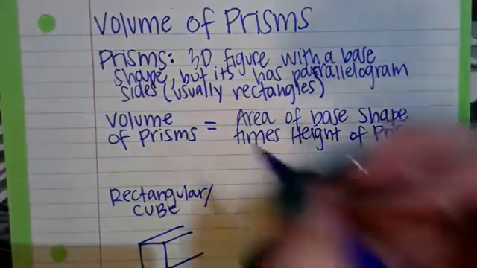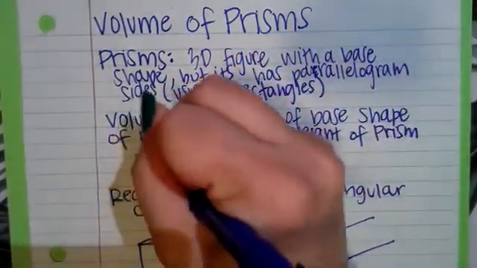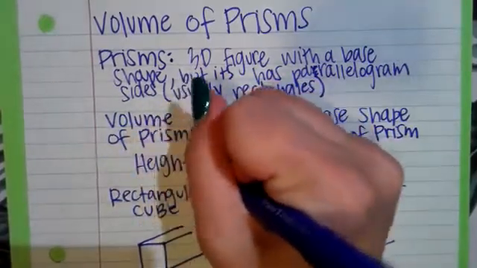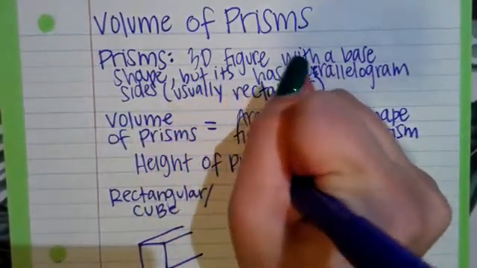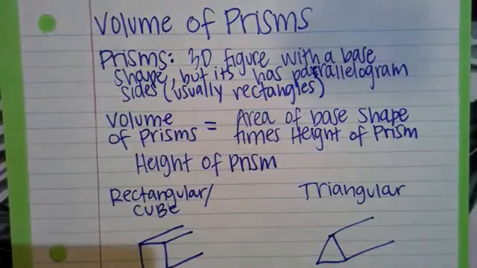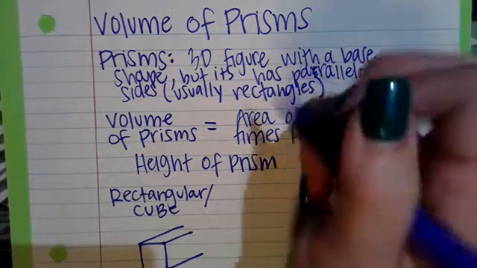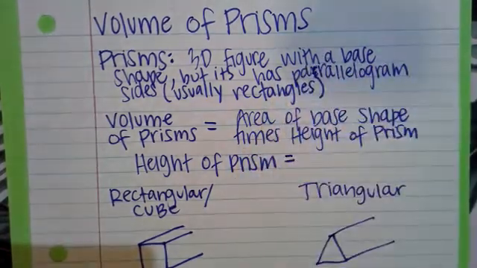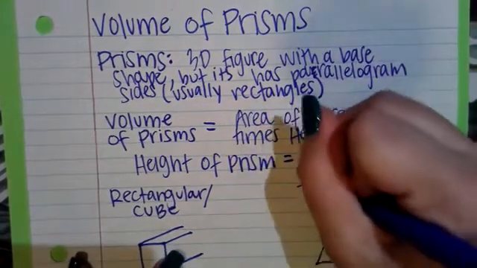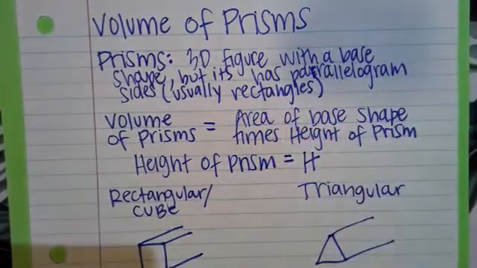And we typically say the height of the prism because in some of our two-dimensional shapes, we have the height of the shape. For example, in a triangle, we have the height of the triangle, but then we also have the height of the prism. So we typically use a capital letter H to define the difference between the height of the prism and the height in whatever the base shape is.